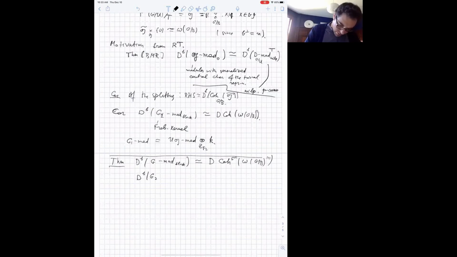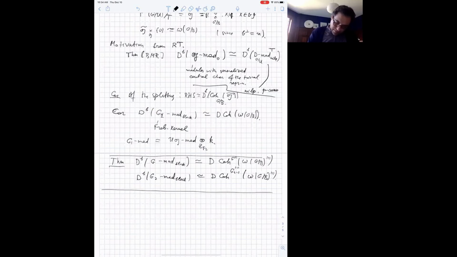Of G_r modules, the block is G coh. Here it's becoming a little bit awkward, but that's okay. So it's a G_{r-1}, 1.